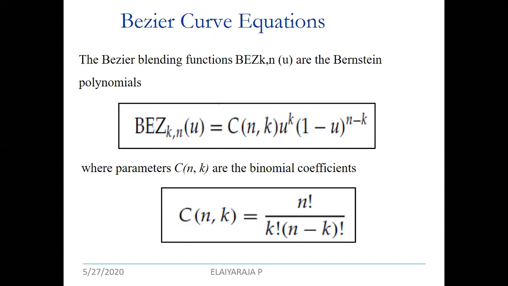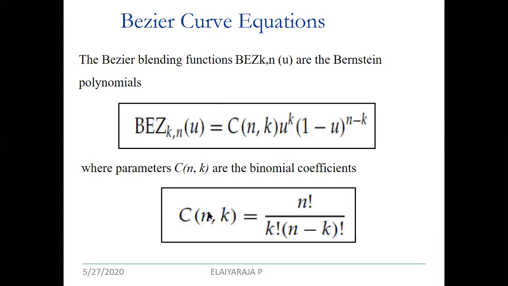Okay, fine. Okay, so here you consider the parameters of control points, where n says the number of control points. If you say n comma k, where k goes from 0 to n.